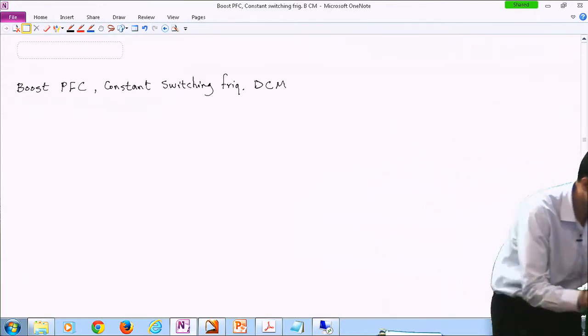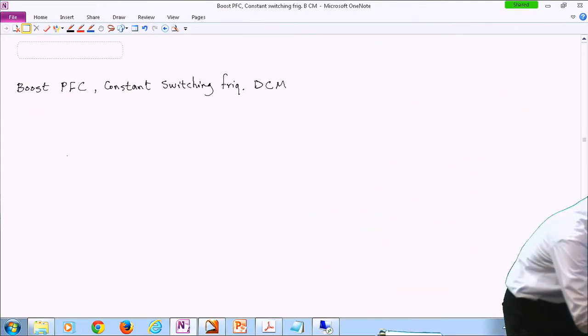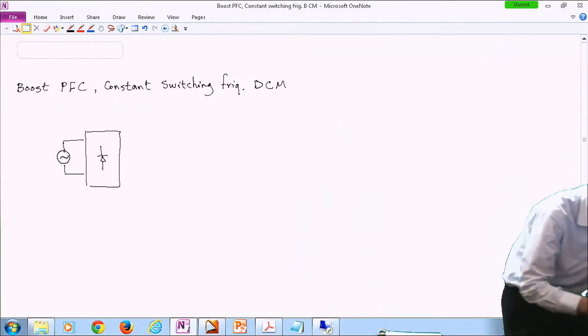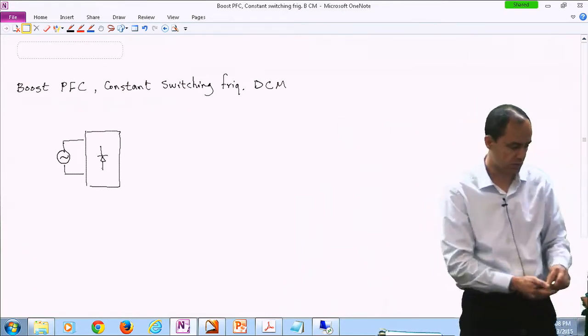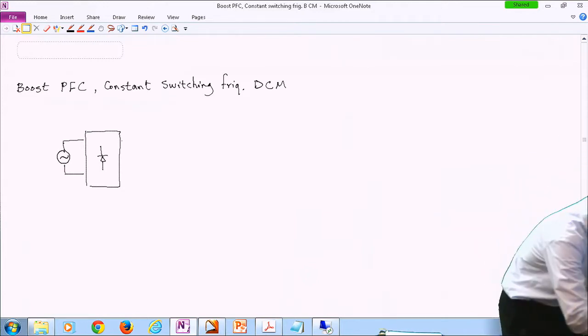So technically, you have your source, your AC source. Then immediately after that, you have your bridge of diodes to get the absolute value of this AC source, and then you have a boost.